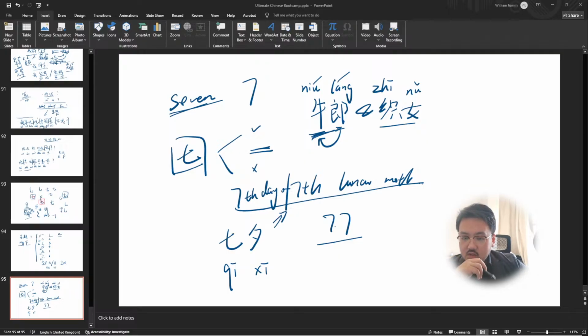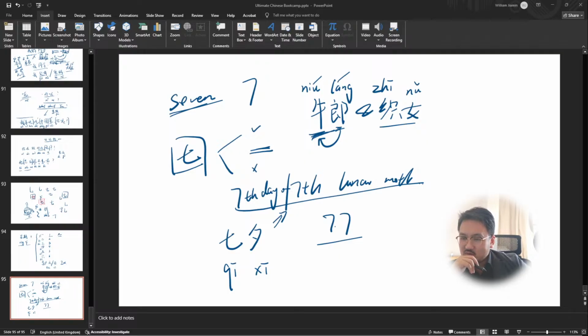Okay, so 牛郎 is a cow herd, but I think it's not like a cow herd, right? It's more like ox herd.